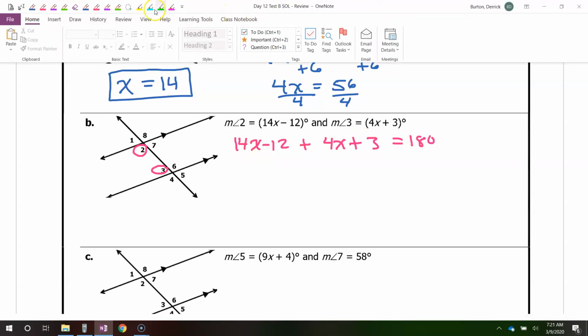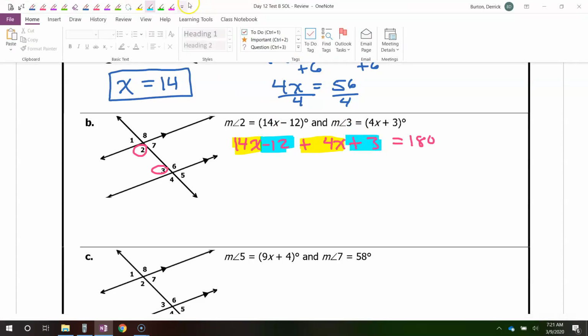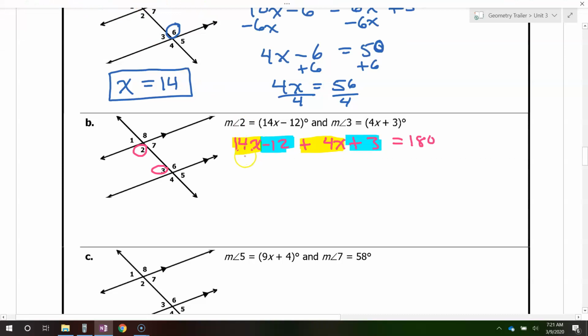Now we got these like terms we have to deal with. All right, 14x and 4x are like terms, and then negative 12 and positive 3 are like terms. Combining those, we will have 18x minus 9 is equal to 180.